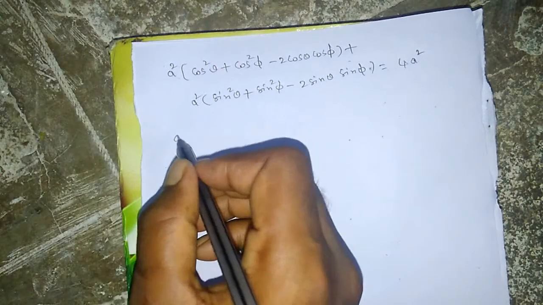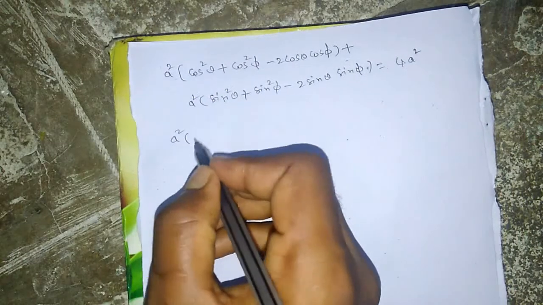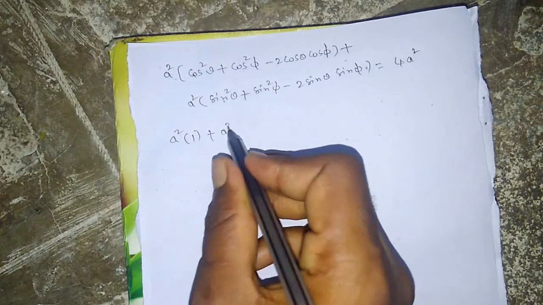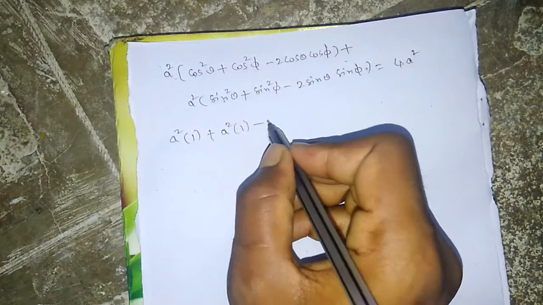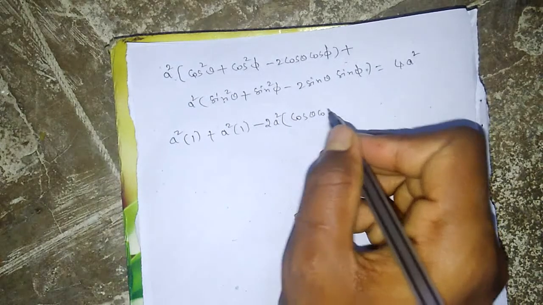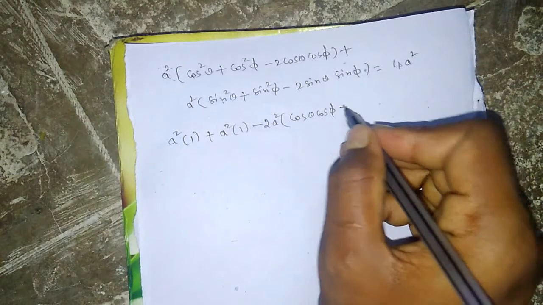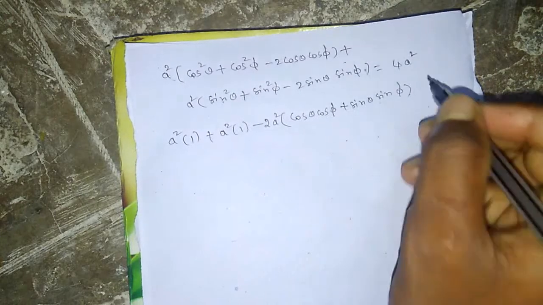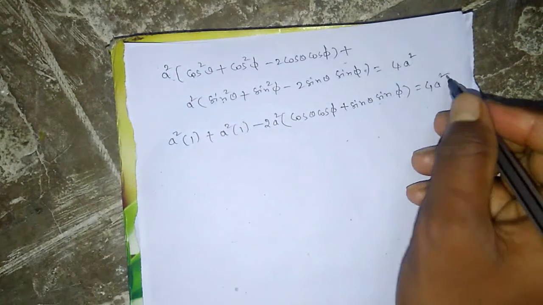Here a square into (cos square plus sin square theta) is 1, a square into (cos square plus sin square phi) is 1, minus 2a square into (cos theta cos phi plus sin theta sin phi) is equal to 4a square.